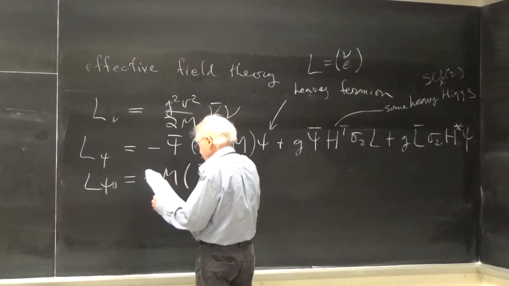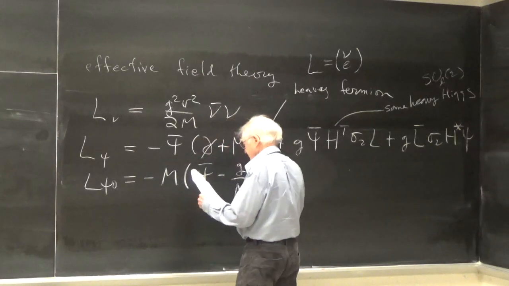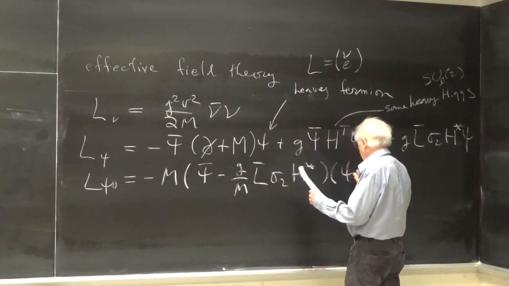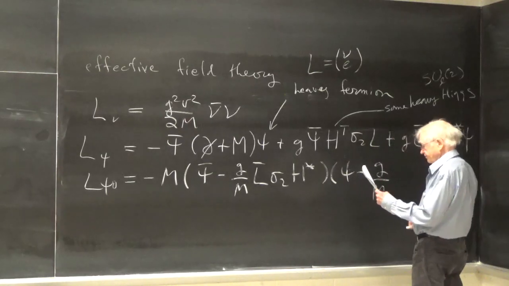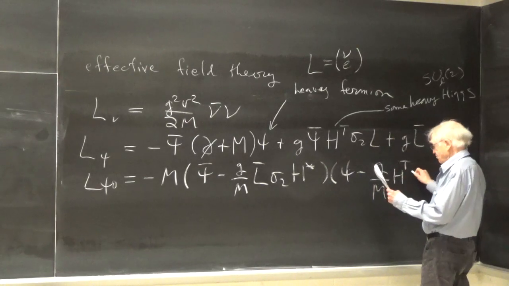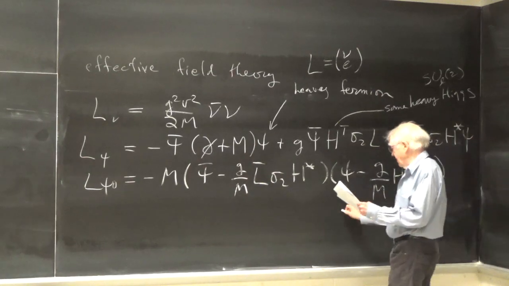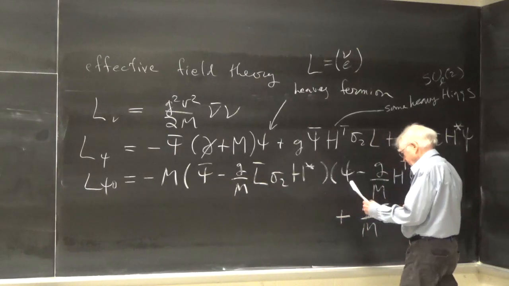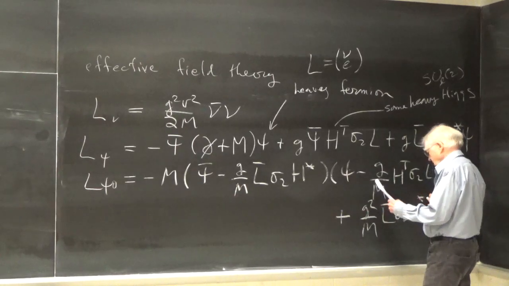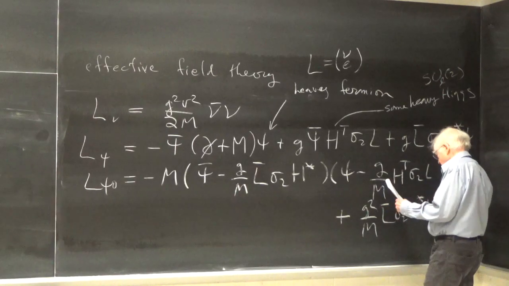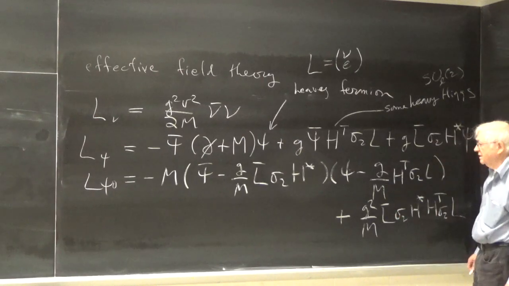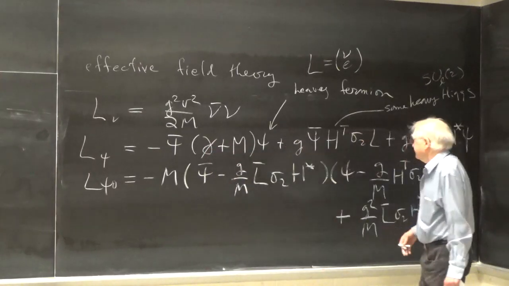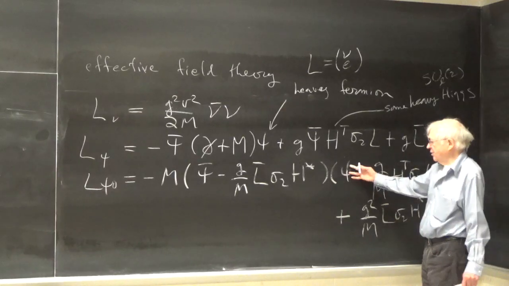And then you get minus m psi bar minus g over m L bar sigma 2 H star times psi minus g over m H transpose sigma 2 L plus g squared over m L bar sigma 2 H star H transpose sigma 2 L. So you just drop the high energy derivative terms, complete the square, and you integrate over the fermion field.